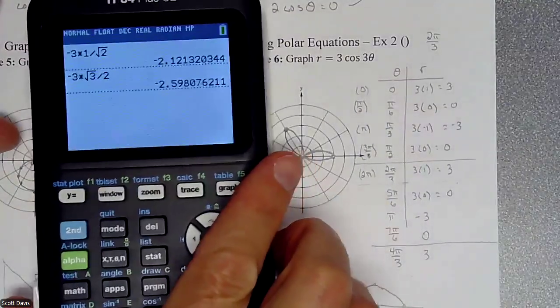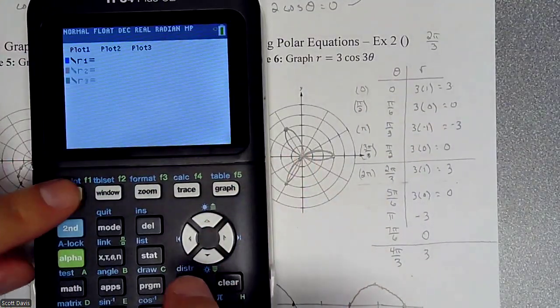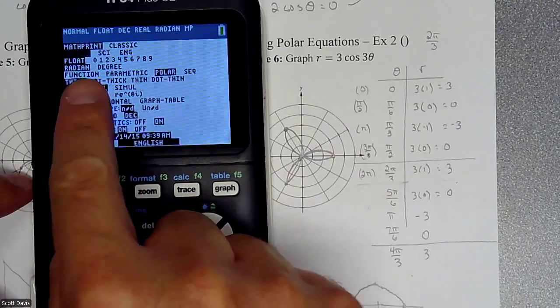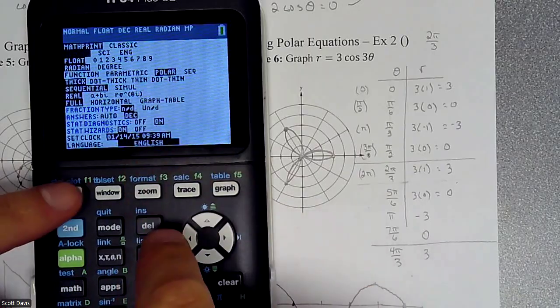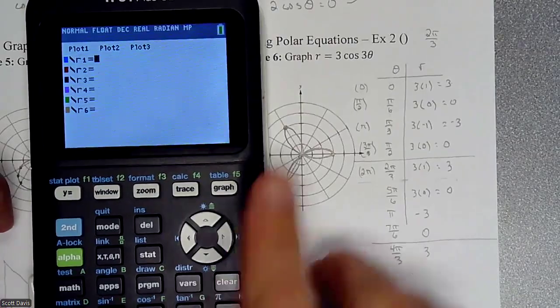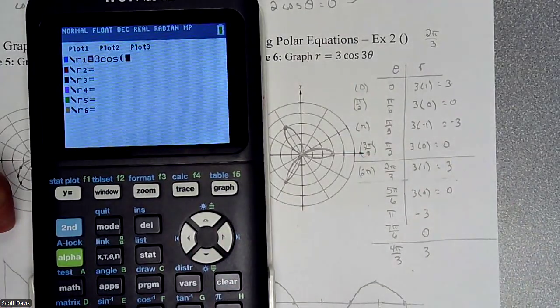So let's validate, make sure that looks like it's supposed to look. If we go into this y equals, I've changed my mode into polar. I'll go into my y equals, and I'm just going to graph 3 cosine 3 theta.